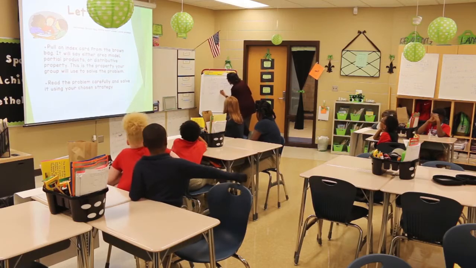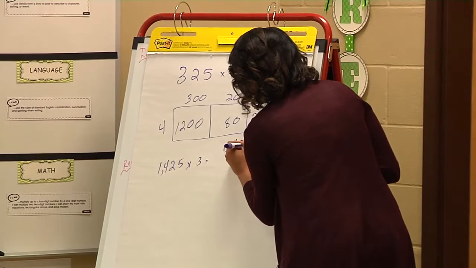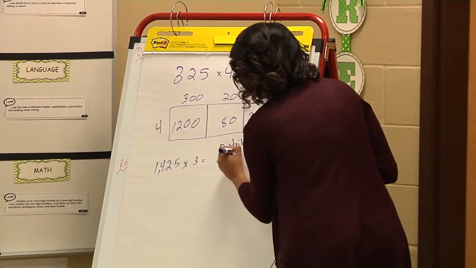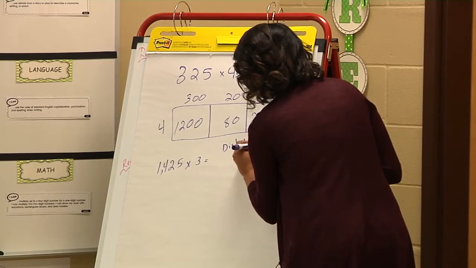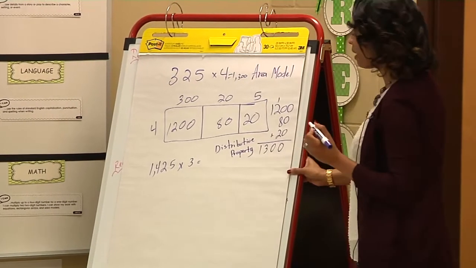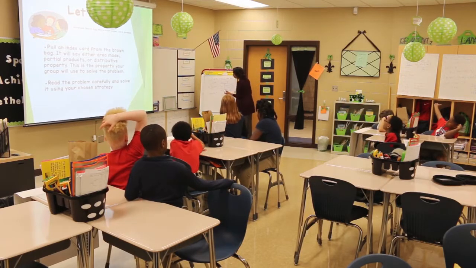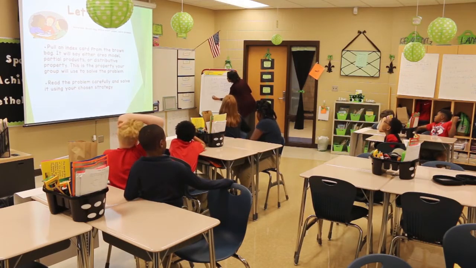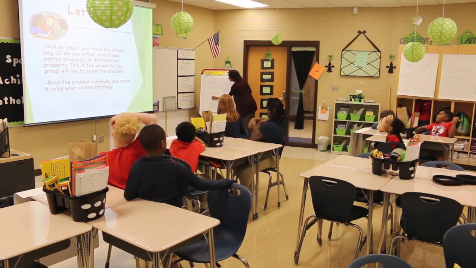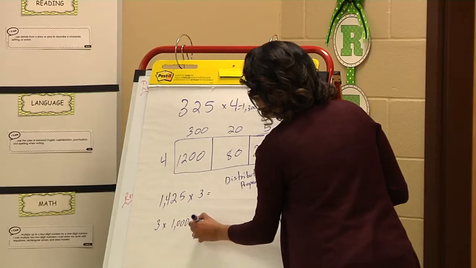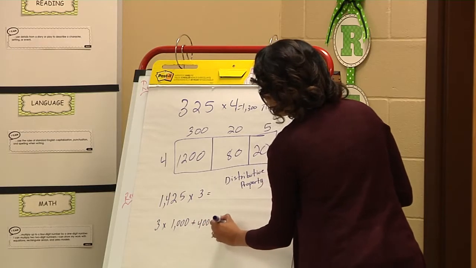Now, our next one. We're going to do the distributive property. How am I going to start out with the distributive property, Lily? What should I put first? 3 times 1,000 plus 400 plus 20 plus 5.